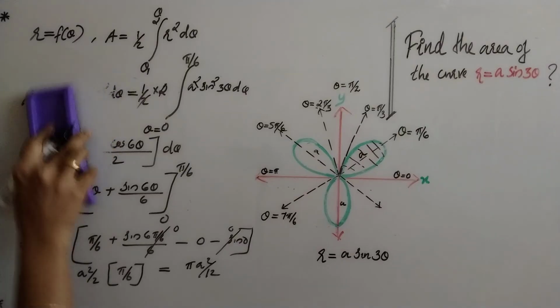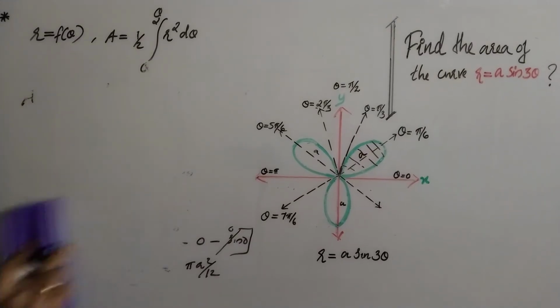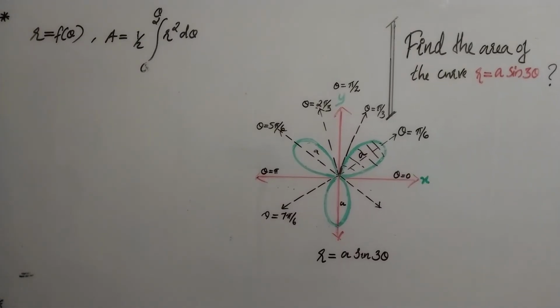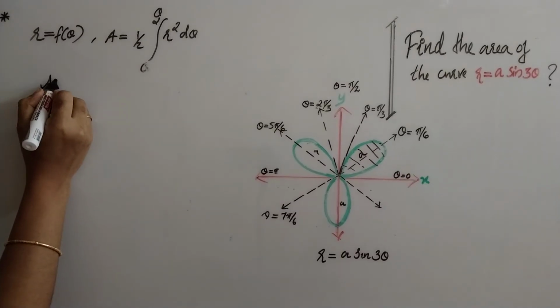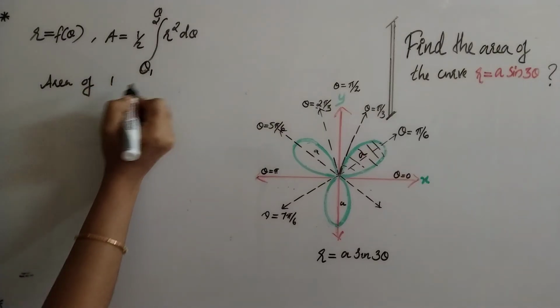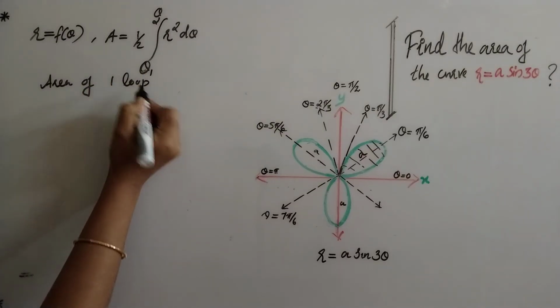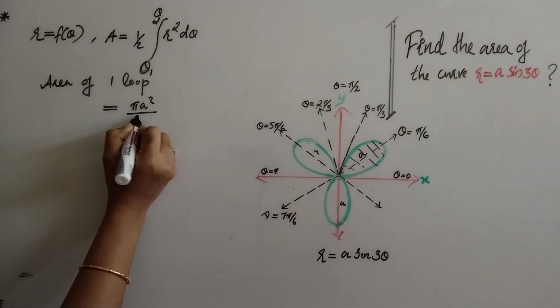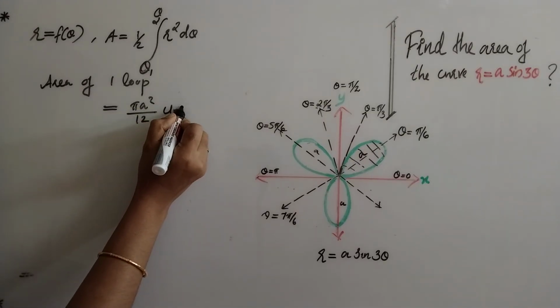So the area of one loop is pi a square by 12 units square.